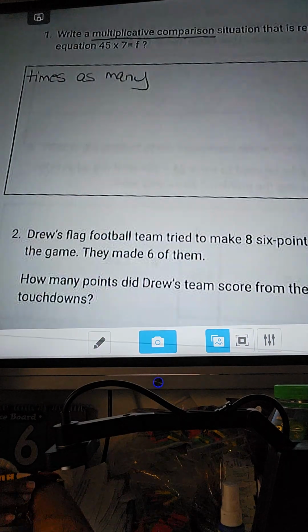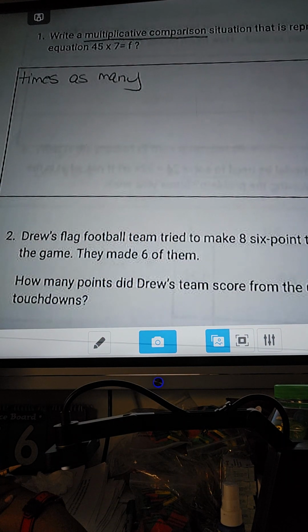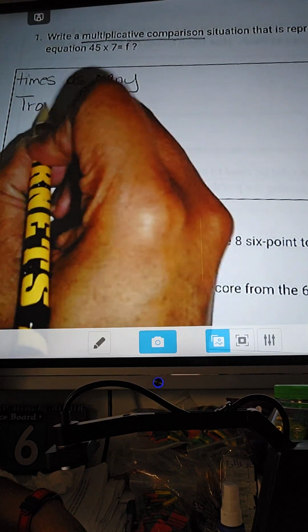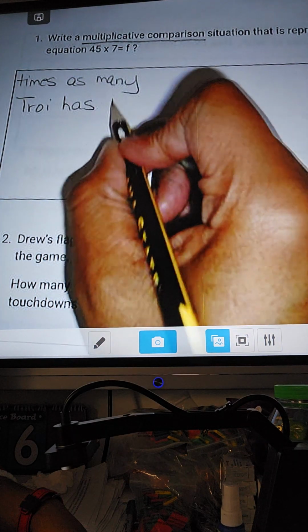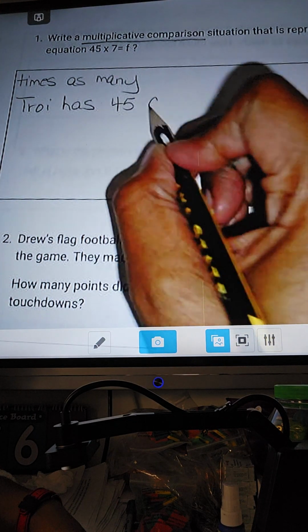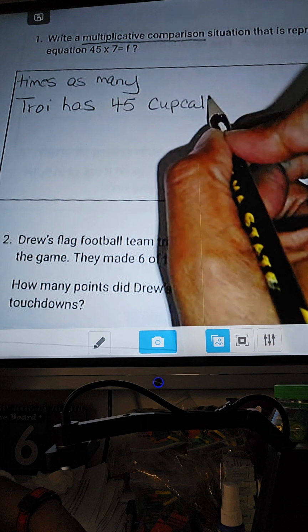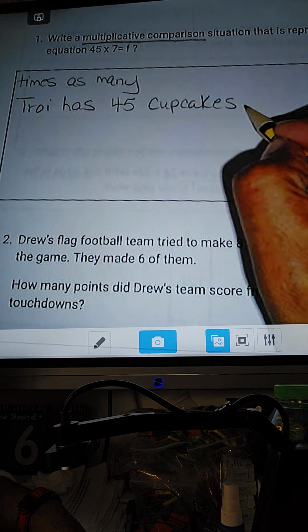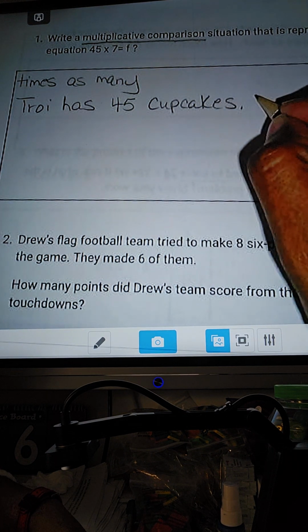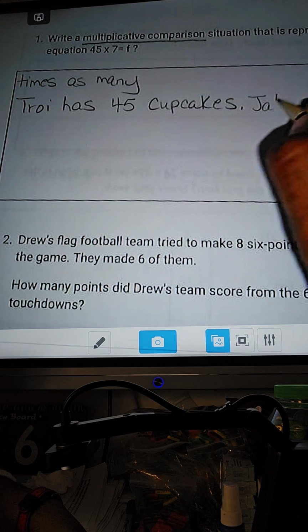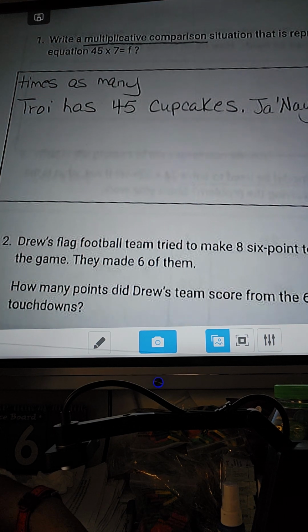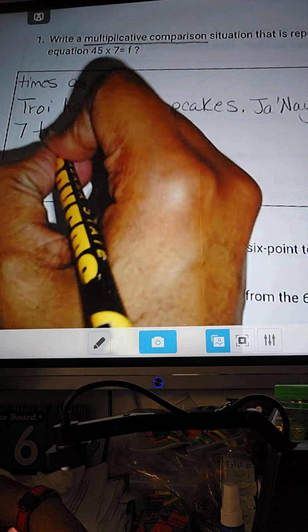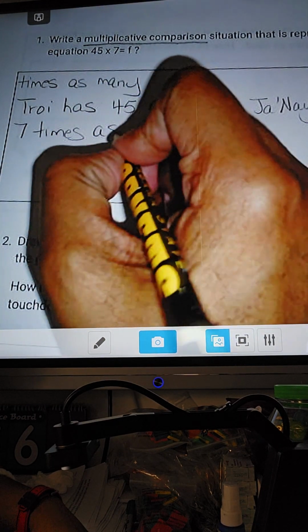Do not write the one that I'm about to write. You are going to create your own. Tori has 45 cupcakes. Janila has 7 times as many.